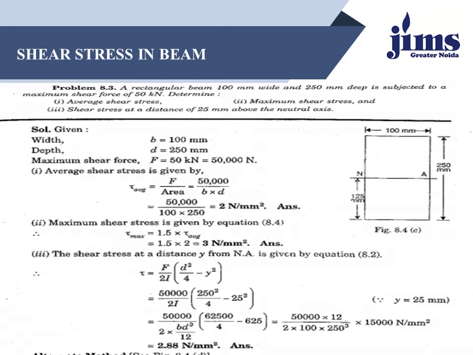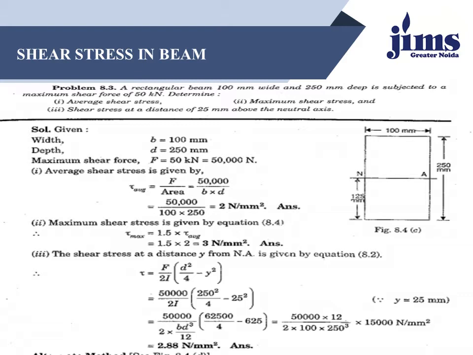So force is equal to 50,000 and rectangular cross section has area of width multiplied by depth. So B into D. So the formula is F upon BD. Putting the value of F, B and D, we get tau average is equal to 2 Newton per millimeter square.